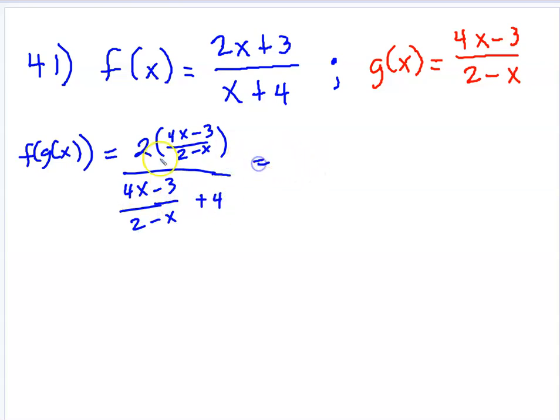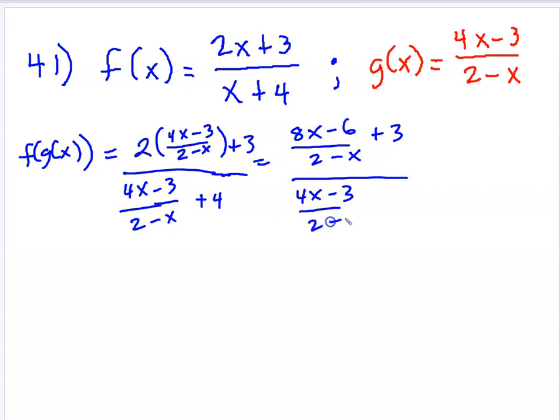Okay, so distribute the 2 times this numerator, 8x minus 6 over 2 minus x. And I forgot the plus 3. And down here, I'm just going to bring this all down. So we got some common denominator work to do. So let's just come down here.